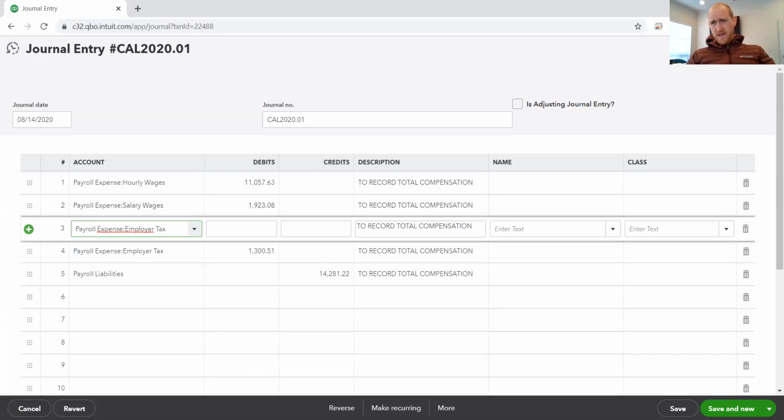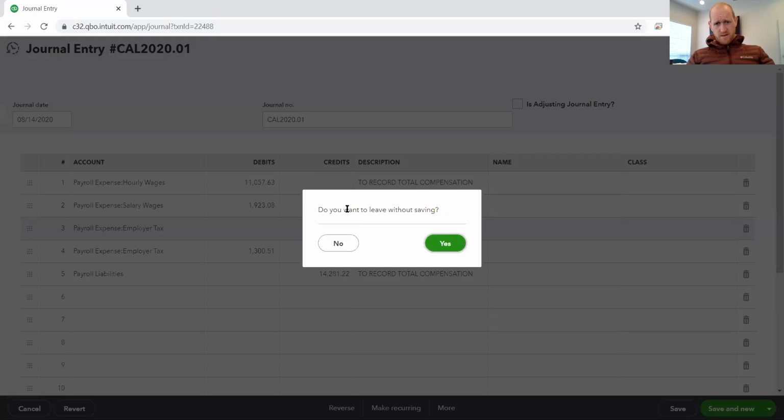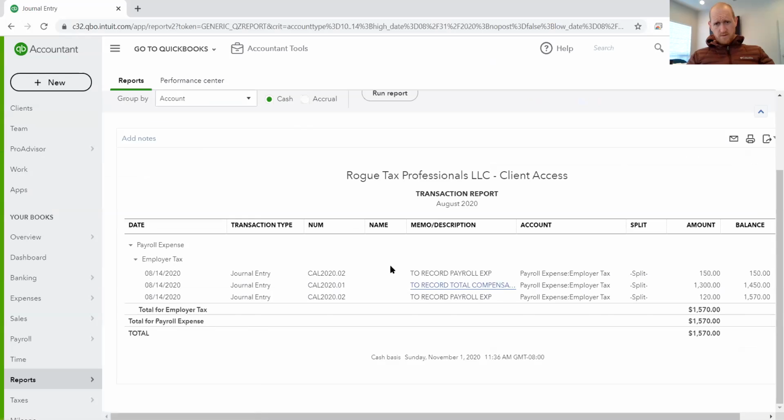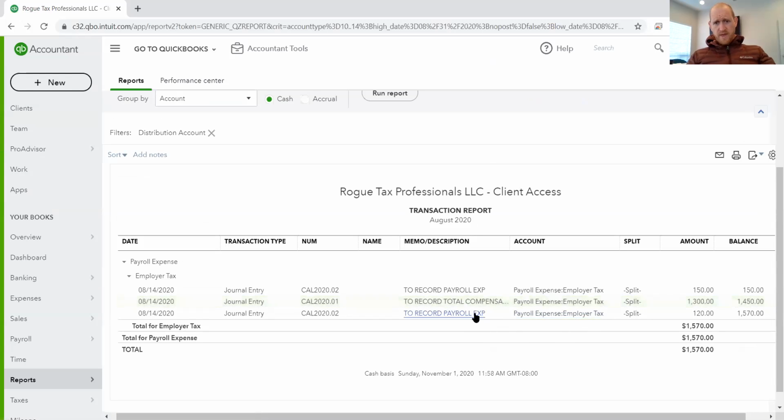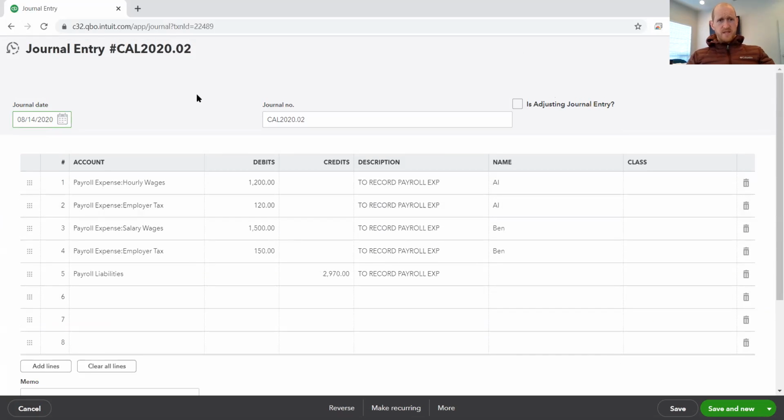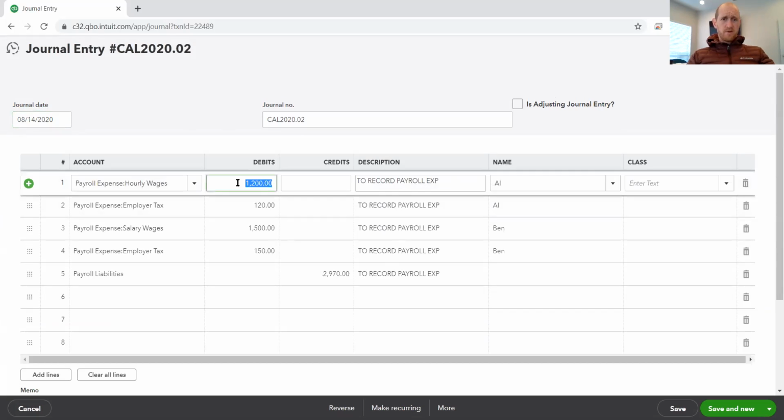Okay, so then you can even take it another step further. So this is an example that I did where I went ahead and put Al in on the same payroll.